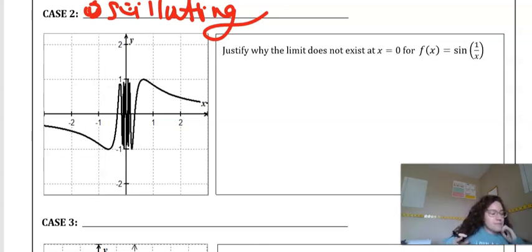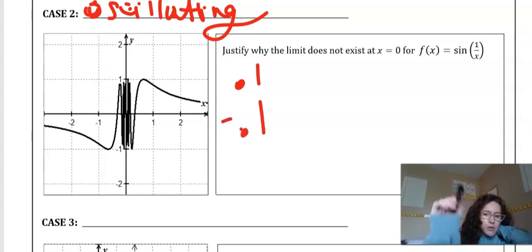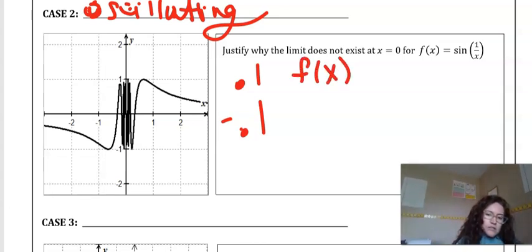Here's where you would then go in and look at small values. Okay, you're going to plug in 0.1 and -0.1. When I get those out, okay, so then f of x here.